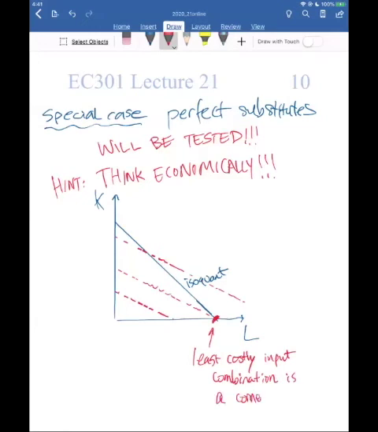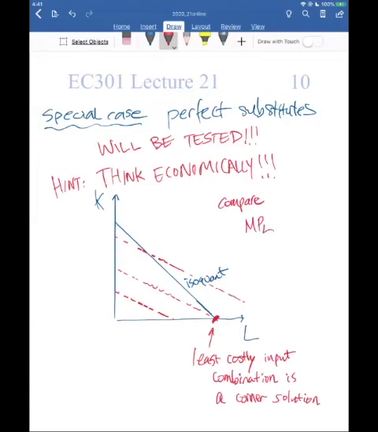Remember what a corner solution means? A corner solution means you're only going to use one type of input. So think about this.